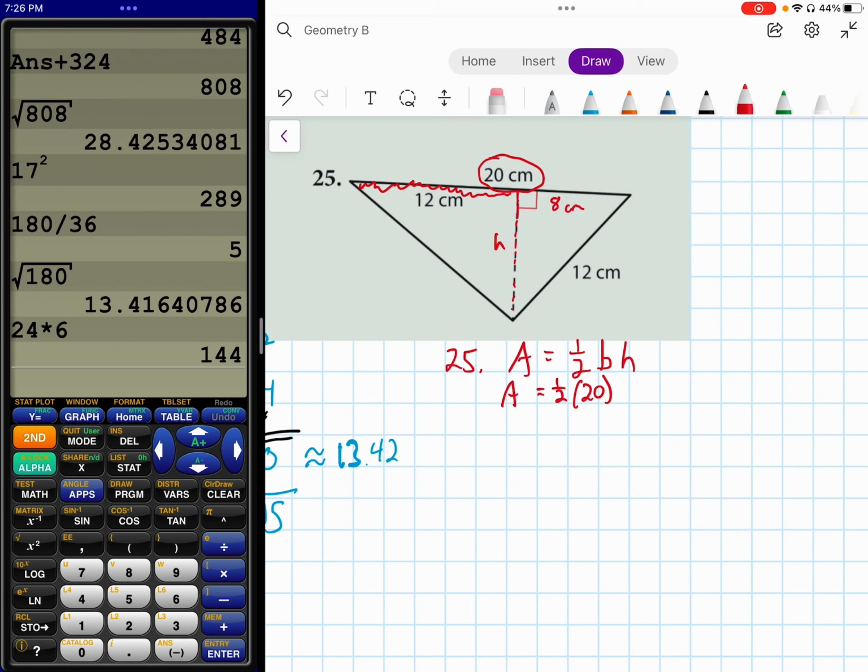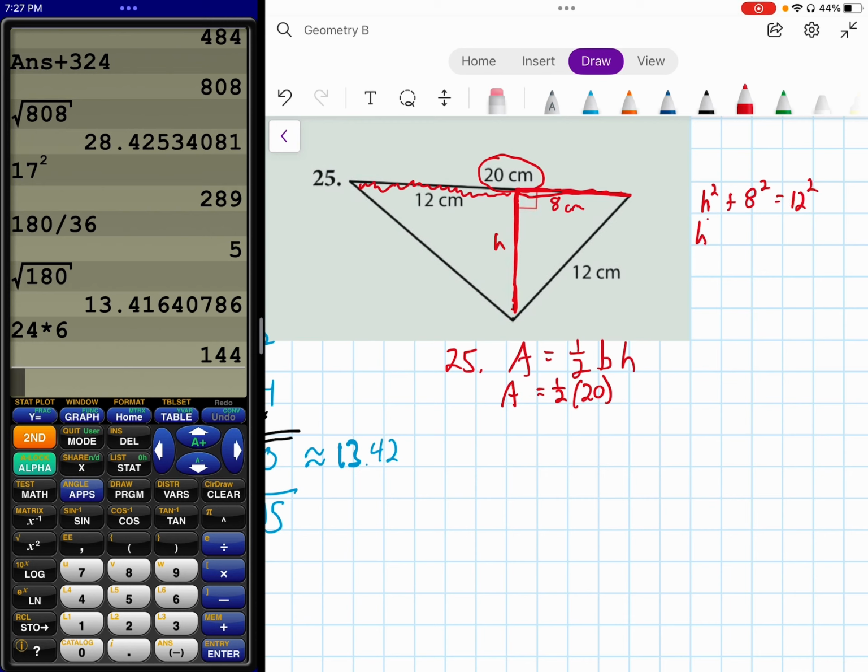Height and base are always perpendicular. So we have height squared plus the base squared, the other leg. So the height is one of the legs of the right triangle. So h squared plus the other leg, 8 squared, is equal to the hypotenuse, which is 12 squared.